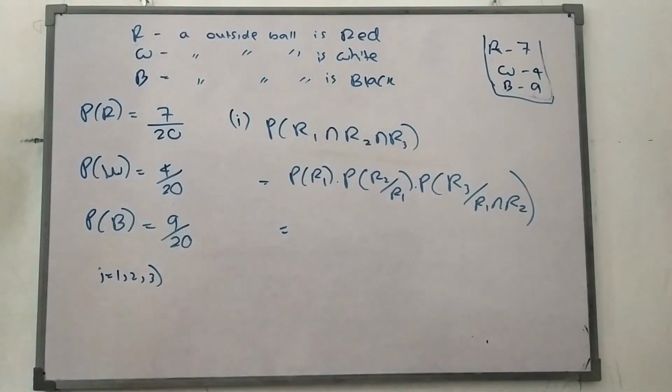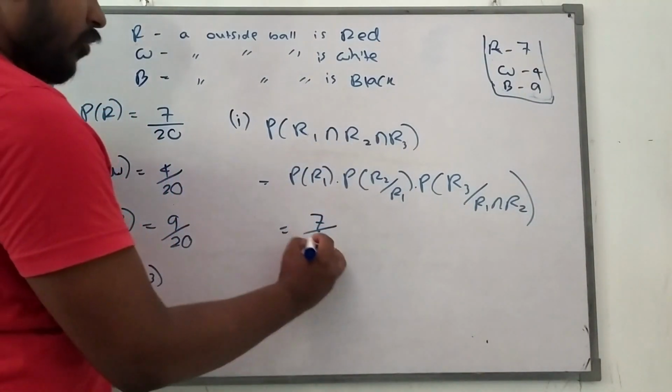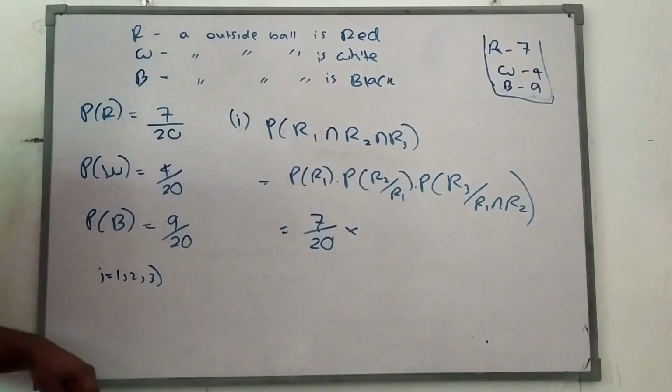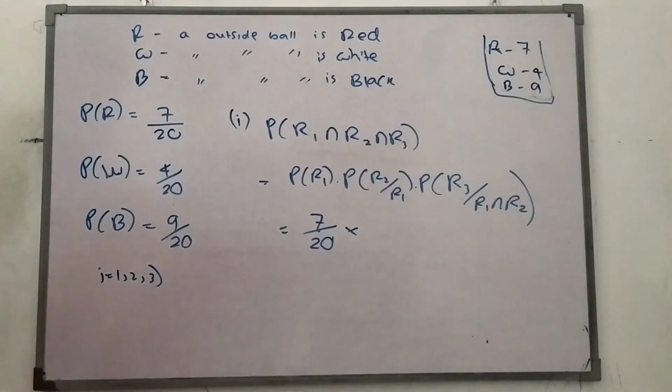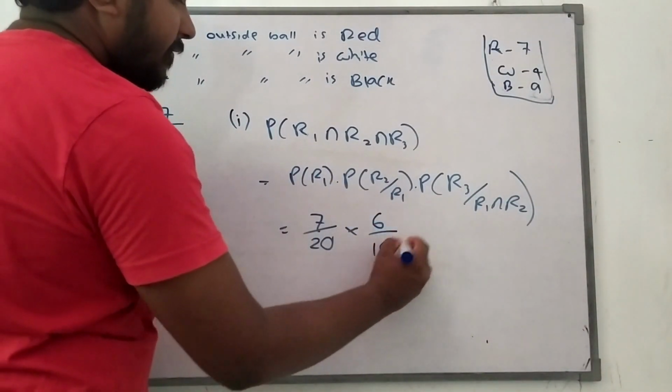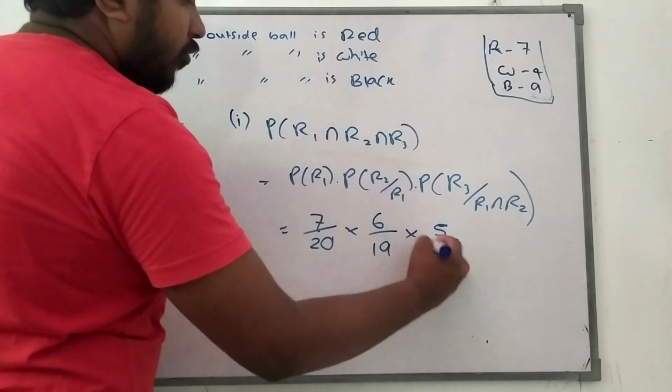So P(R1) means 7 over 20. R2 means, right, again it's 6 over 19, and then 5 over 18.